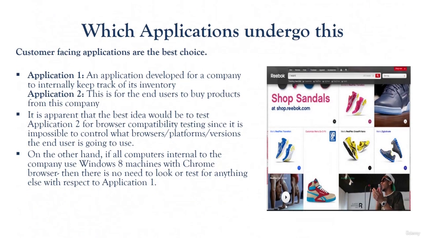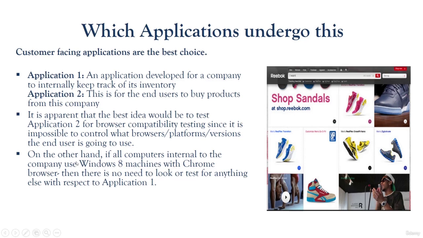Which applications undergo this? Customer-facing applications are the best choice. Application one is developed for a company internally to keep track of inventory. Another application is for end users to buy products from this company. The best idea would be to test application two for browser compatibility, since it's impossible to control the browser, platform, and version of the end user.